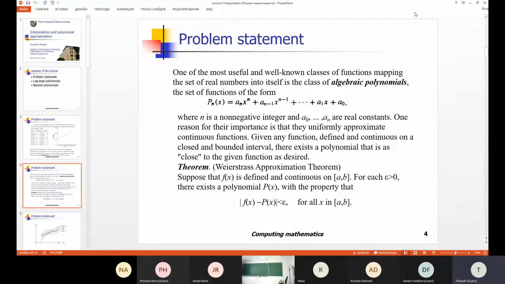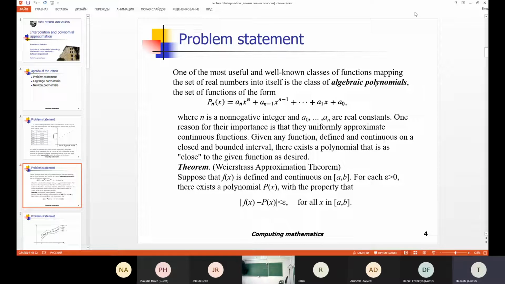Now let's come back to the first question. How many coefficients are there in the formula of a polynomial of degree n? Please look at these examples. Polynomial of degree 1, 2 coefficients. Polynomial of degree 2, 3 coefficients. Polynomial of degree n, n plus 1, not n.